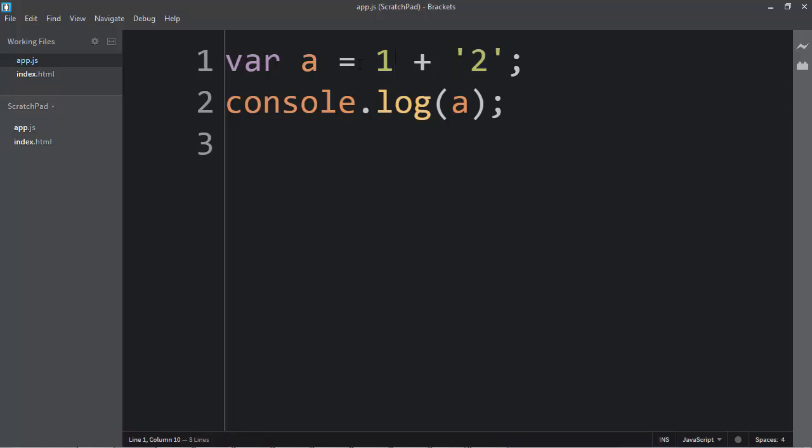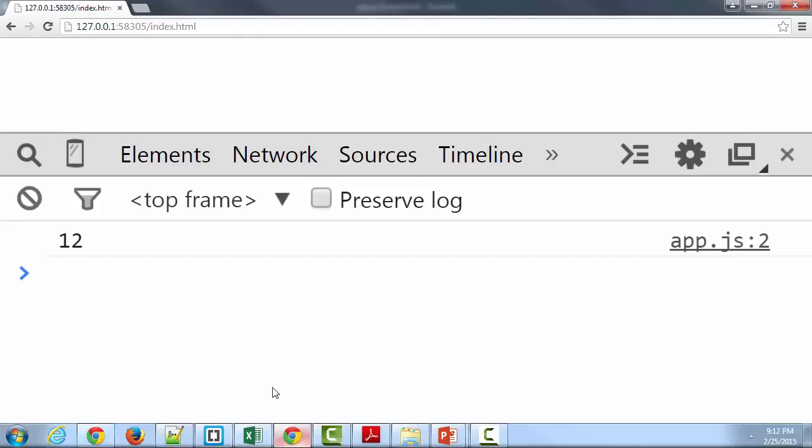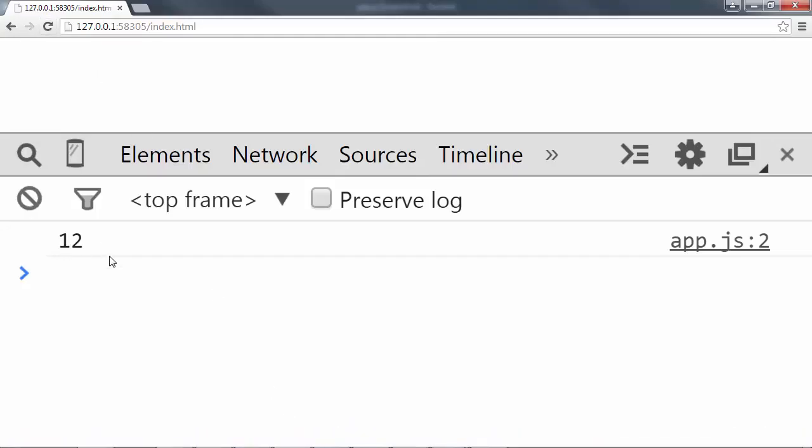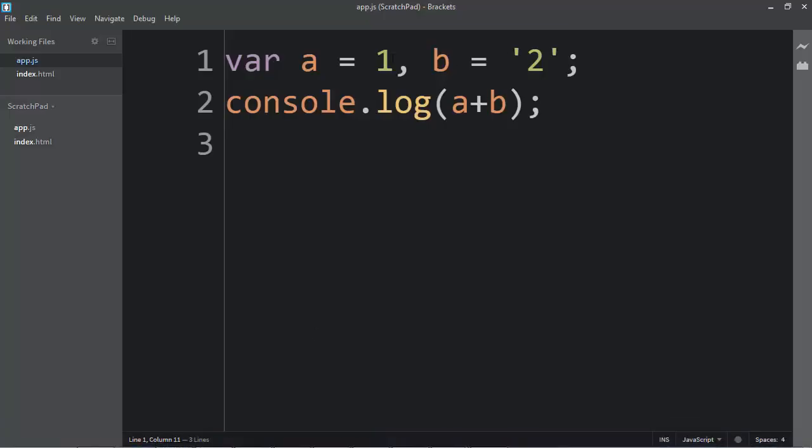Sometimes these things can be hard to pick up on. For example, if I had just said var a equals 1 and b equals 2, and then I outputted a plus b, I still get 12, because b is a string and a is a number, and it coerced a.